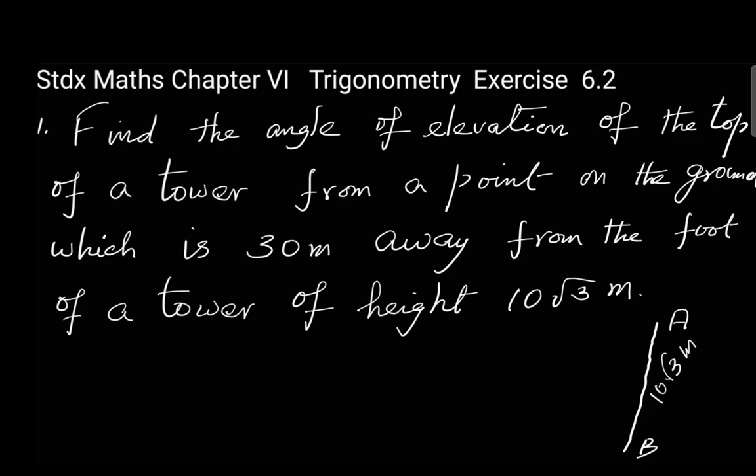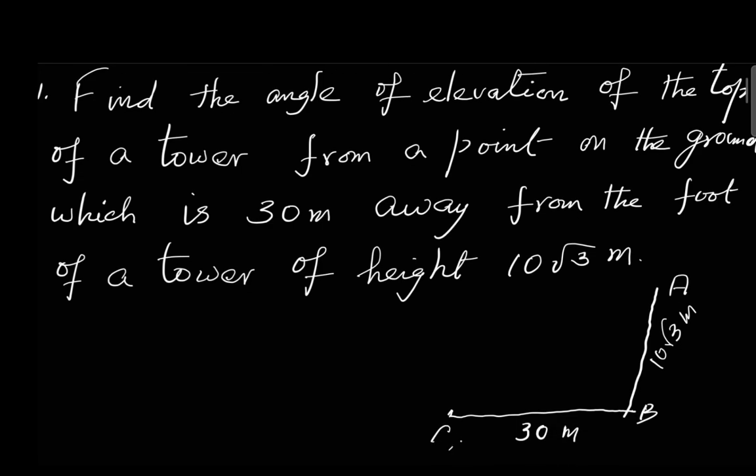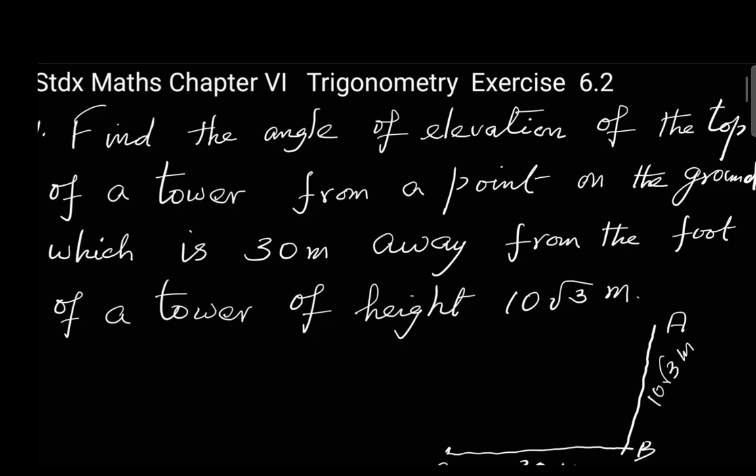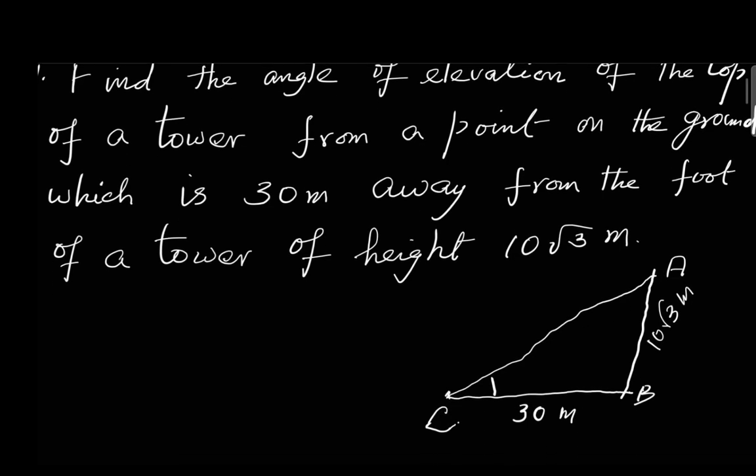From a point on the ground which is 30 meter away from the foot of the tower, let me take a point as C. From the point C, we look at the top of the tower.